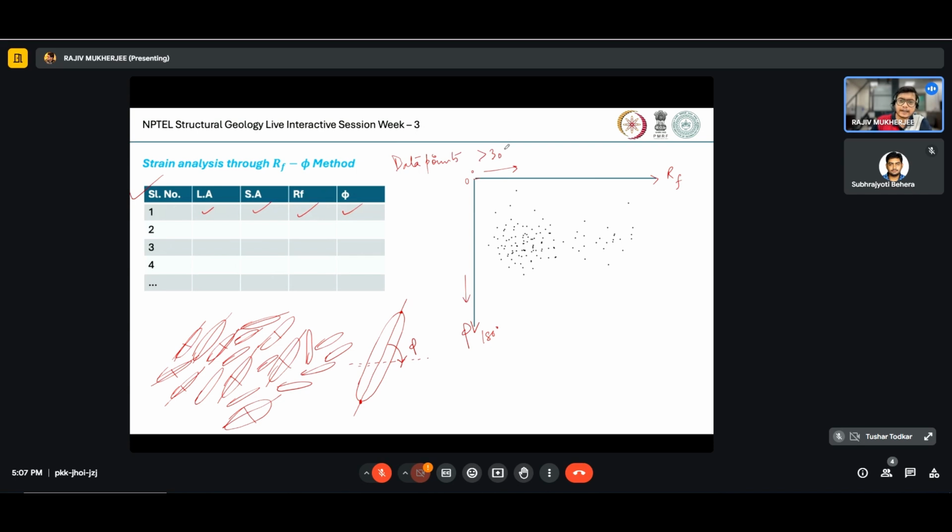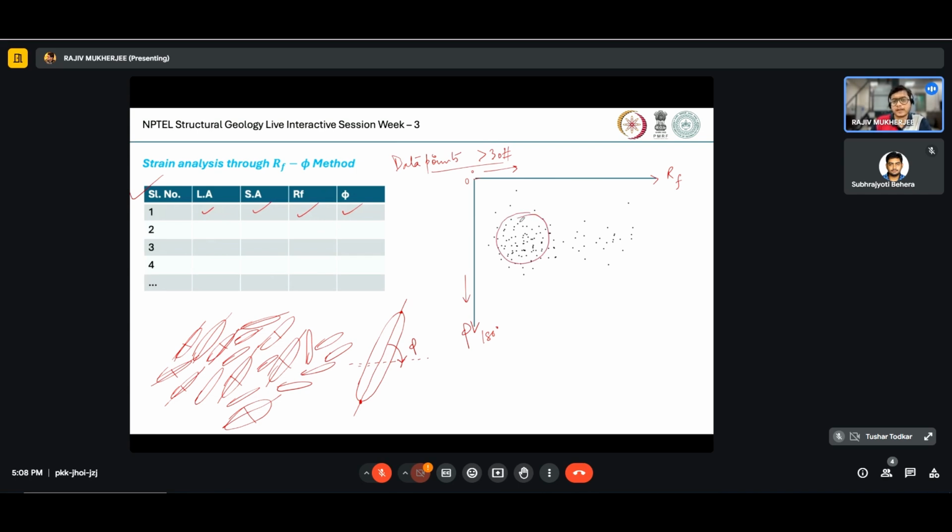If we have more than 30 data points, then plotting the phi and Rf values for each of these corresponding deformed markers, we will find that the values are eventually clustering in one place.